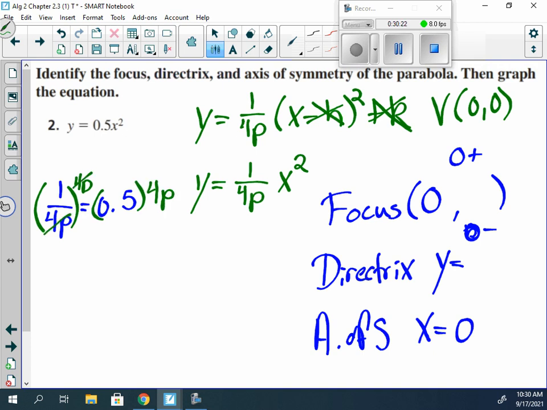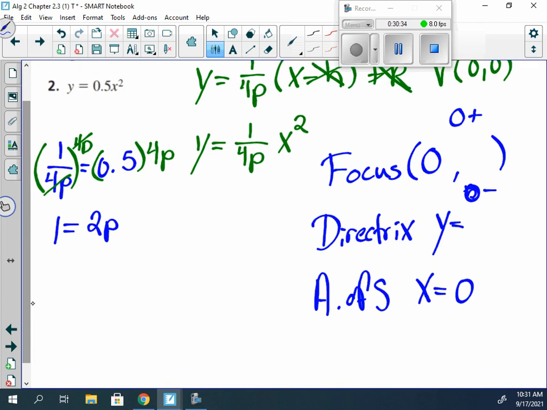Does the 4p and 4p cancel? Fine. So we're left with 1 is equal to... What is 0.5 times 4p? What do we do next?